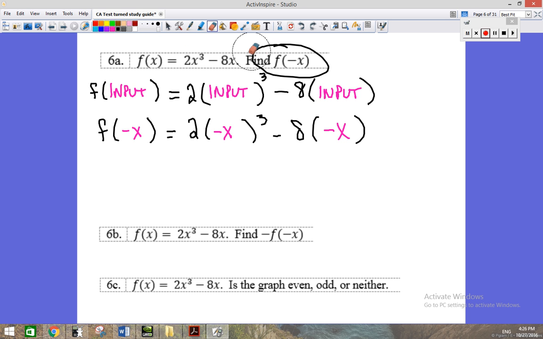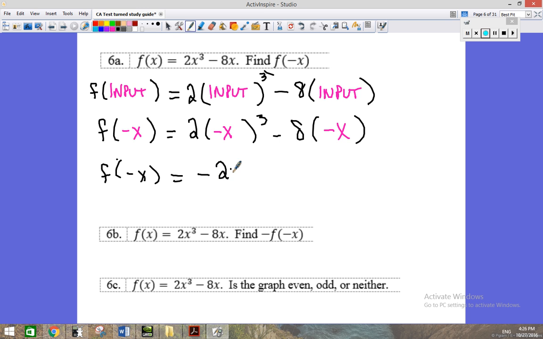Now, we need to compare this to the original function. Well, it's not simplified. It's not an easy comparison right now. I need to think about how to simplify this to make it easier to compare. So this f evaluated at negative x, well, here you have a negative base raised to an odd power. I have a negative times a negative times a negative. That's going to be a negative value there.